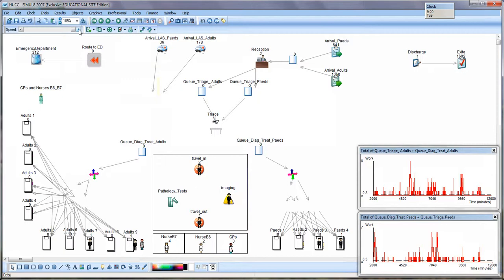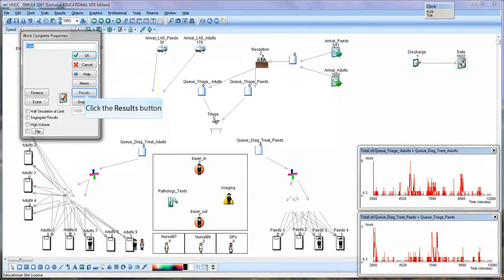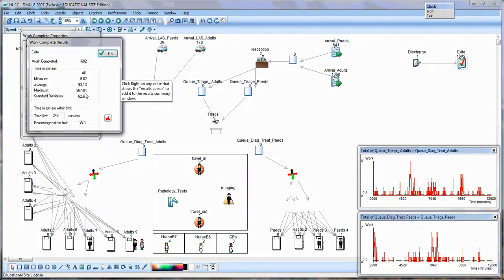Clearly, for the peds queue, the maximum waiting patients is 7, and the capacity is 14. It's within the limit, and for adults, the capacity is 14, and we have 8 maximum waiting patients at the same time. Let's have a look at the system time.